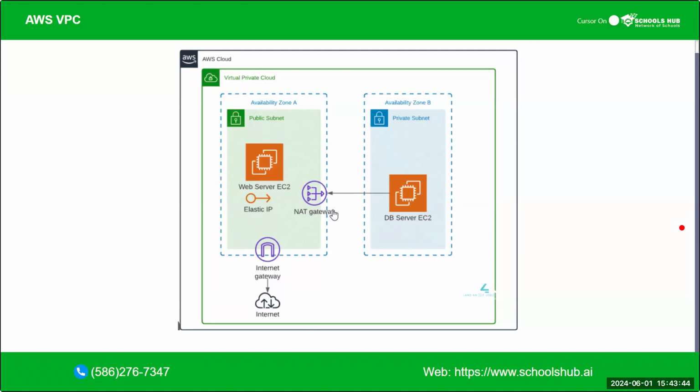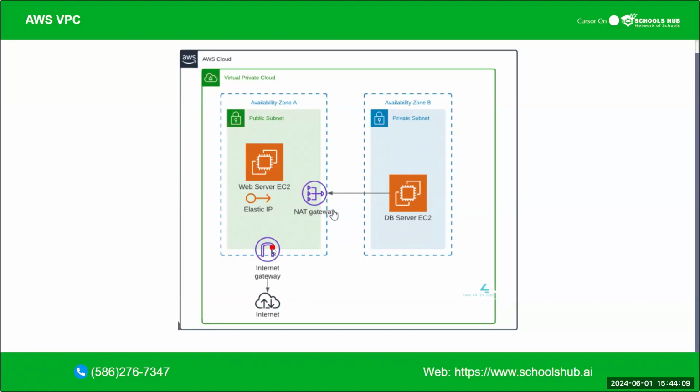For accessing it using this private cloud or VPC, we can access it through this NAT gateway. That means the network address translation instance. This is mainly used for accessing the private one. So basically, from the internet, we are accessing the public one through the internet gateway.